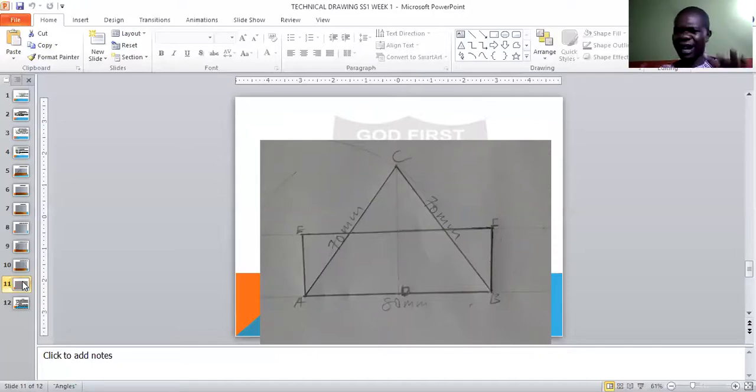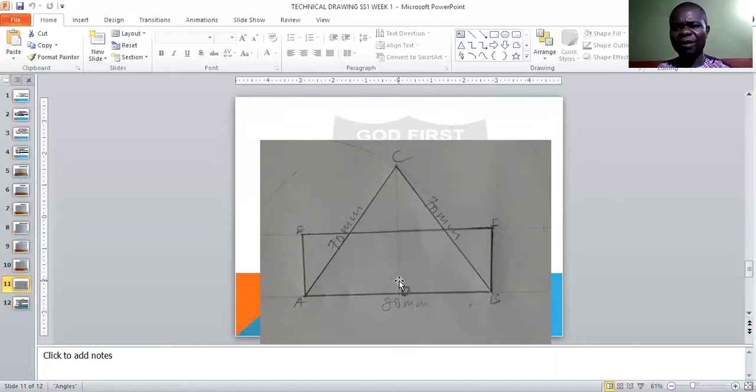This triangle that I've drawn is an isosceles triangle, having base AB 80 mm, AC 70 mm, and BC 70 mm. Then the height here, that is line CD, automatically is the height of the triangle. That line CD, I measured it to be 5.6.